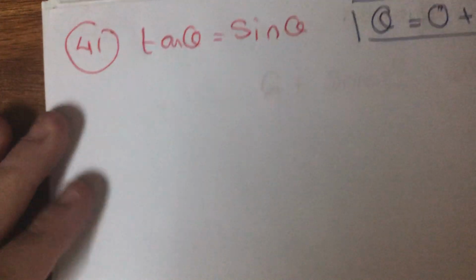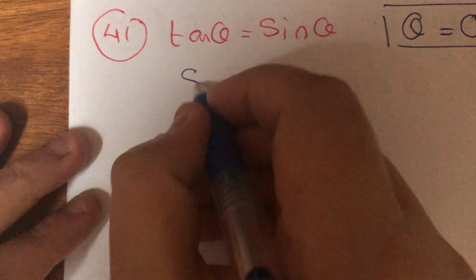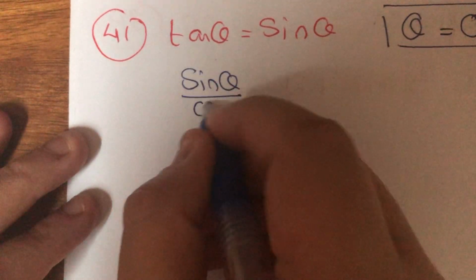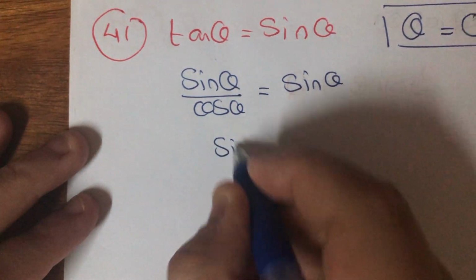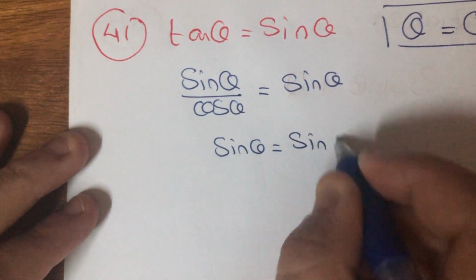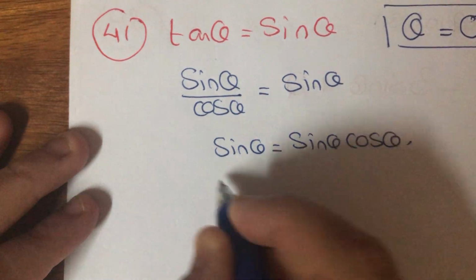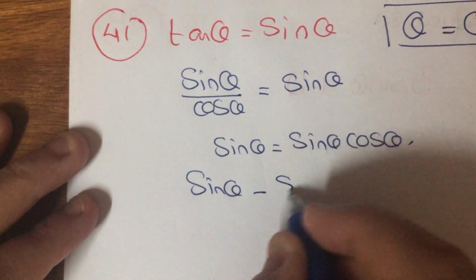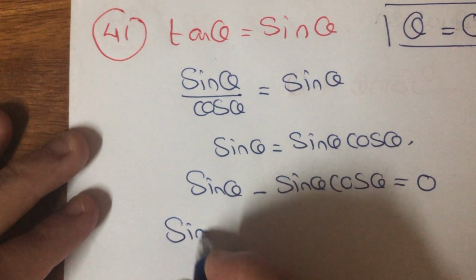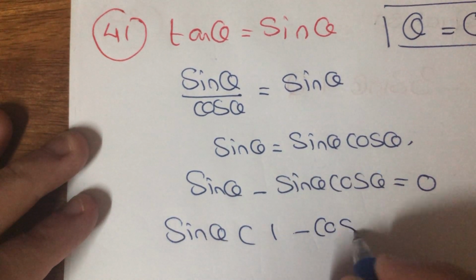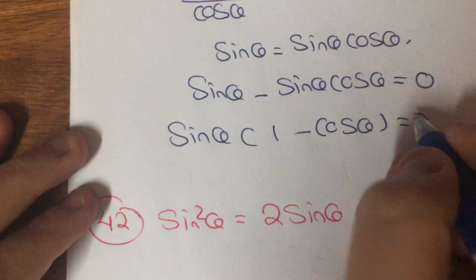Okay, I found some silly steps to do over here. Maybe think of sine theta over cosine theta equals sine theta, and then sine theta equals sine theta cosine theta, and then sine theta minus sine theta cosine theta equals 0. Common factor: sine theta times 1 minus cosine theta equals 0.